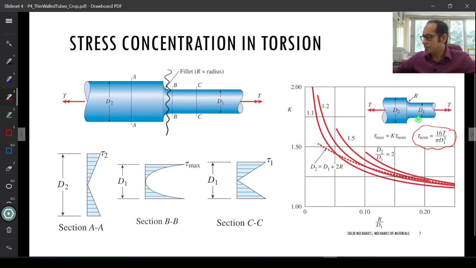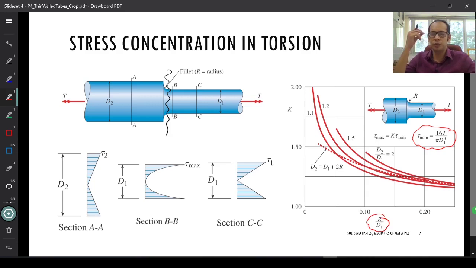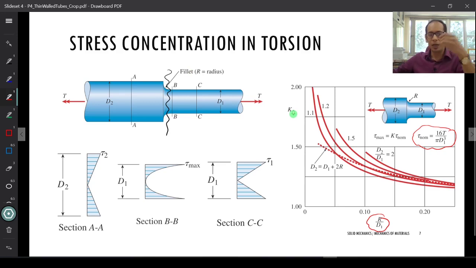So for different values of R over D1, if you take a look at the x-axis over here, for different values of the ratio of that fillet radius to your smaller diameter D1, you have different values of K, through which, if you are given a problem and this data, you can compute by what amount the stresses at these points are going to shoot up, right?